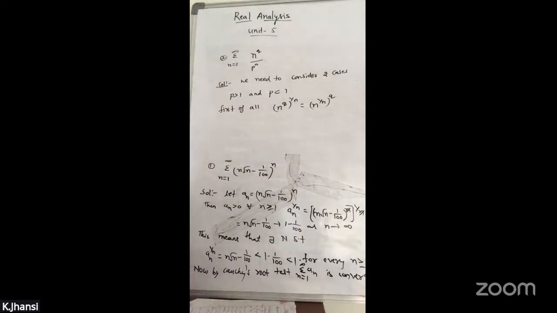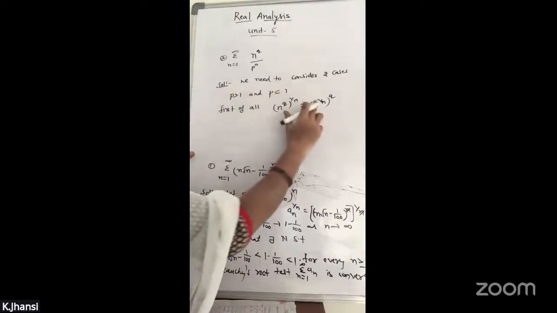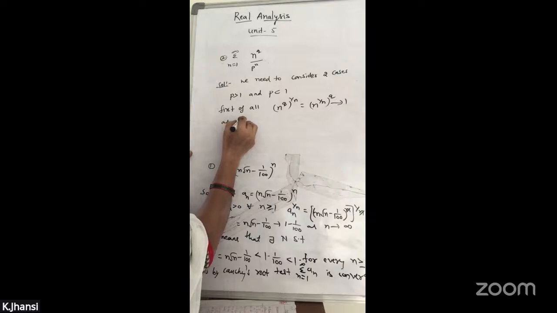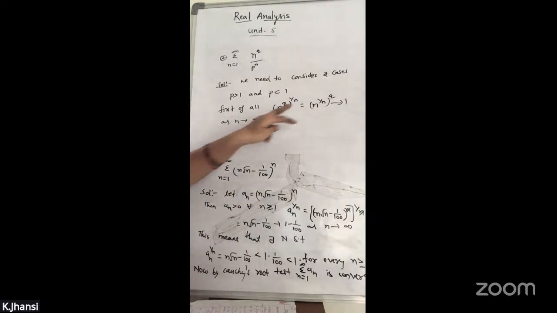So as n tends to infinity, that is infinity to the power of 1 by infinity, you will get infinity to the power of 0, which is 1. 1 to the power of q means its value is 1. So this value tends to 1 as n tends to infinity.